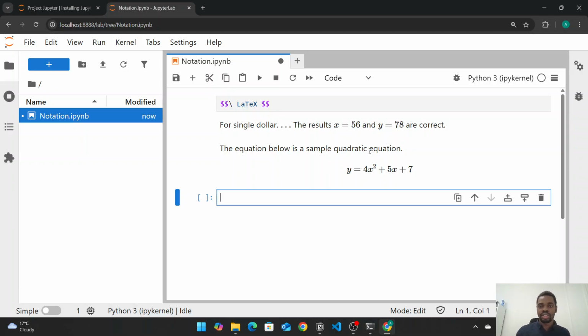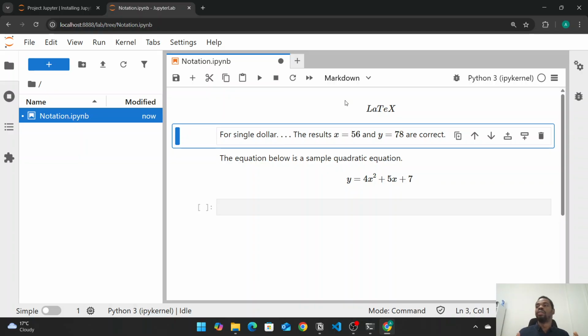The equation below is a sample quadratic equation. Nice, it's on its own line, centered, and then some.